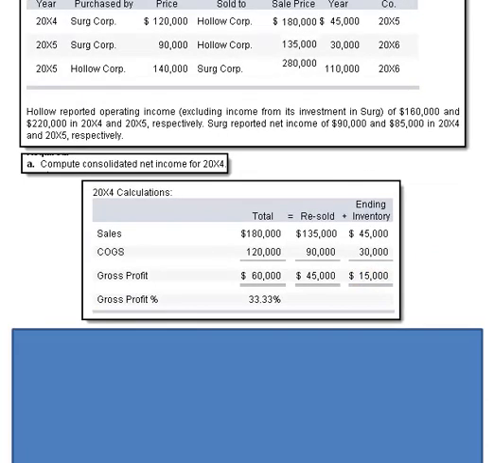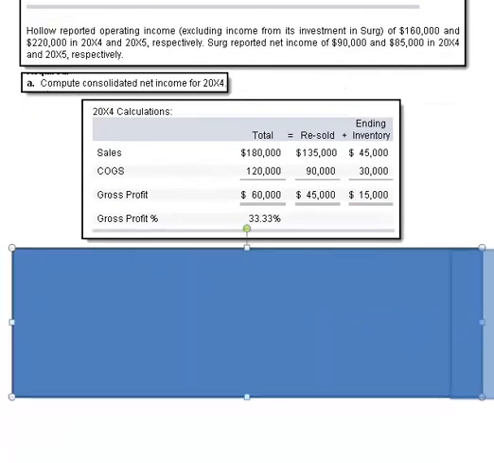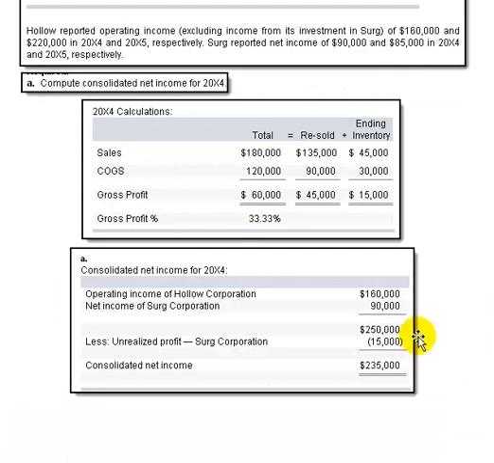Okay? Now, let me slide up and show you how we calculate the answer. Hollow Corporation recorded income of 160,000. That's given right here. Surge reported 90,000. That's given right there. But we have to subtract out the unrealized profit that's still sitting in inventory.